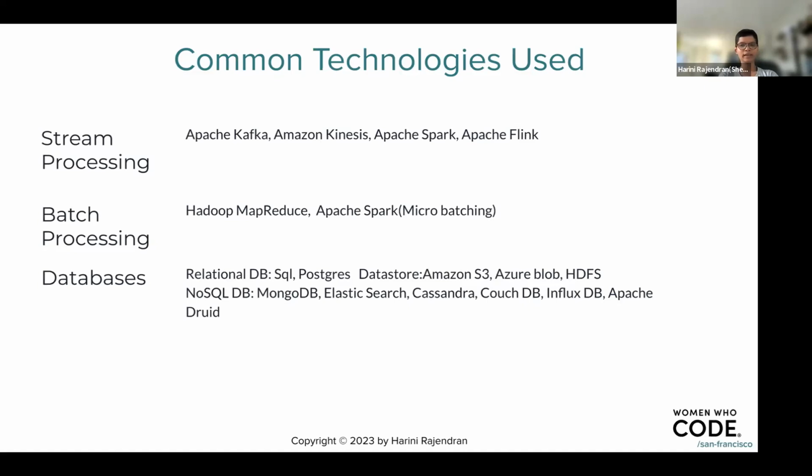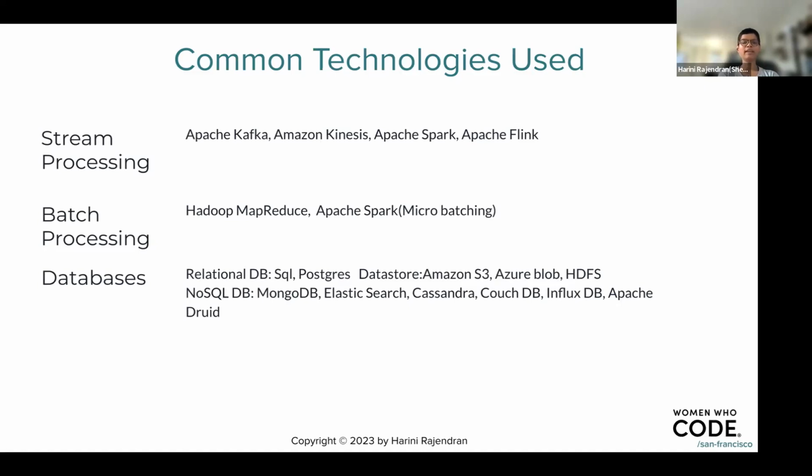So these are real-time. Apache Kafka and Kinesis are real-time message queues where you can publish messages to it and then read messages from it at high volume. And Apache Spark and Apache Flink are real-time processing software.